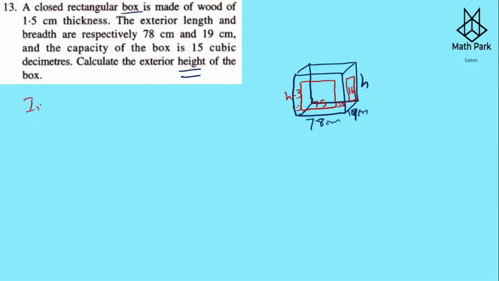So your internal dimensions are 75 into 16 into h minus 3. We are asked to calculate the exterior height. Now read the question once again. The exterior length and breadth are given to you, and the capacity of the box is given as 15 cubic decimeters.